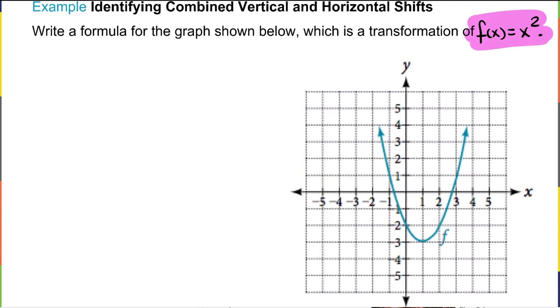So just to show you, because this won't hurt, x squared has the points 0, 0, 1, 1, and negative 1, 1, and then 2 up 4 and negative 2 up 4, because we're squaring. Makes the parabola.